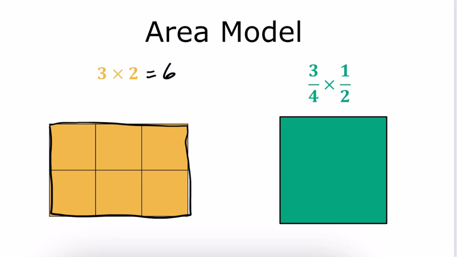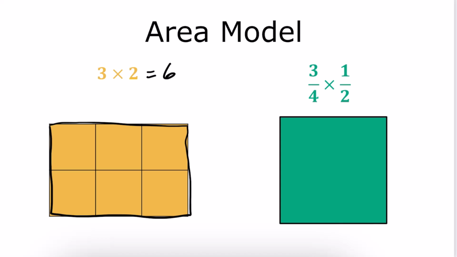Then you could ask, okay, well, what would be the area of a rectangle that is 3/4 of a unit? And usually when I'm teaching this, I like to use miles because miles are a reasonable unit for something you would have 3/4 of. So I'd say, okay, what if I had a field or a piece of property that was rectangle shaped, and one of the side lengths was 3/4 of a mile, and one of the side lengths was 1/2 of a mile.